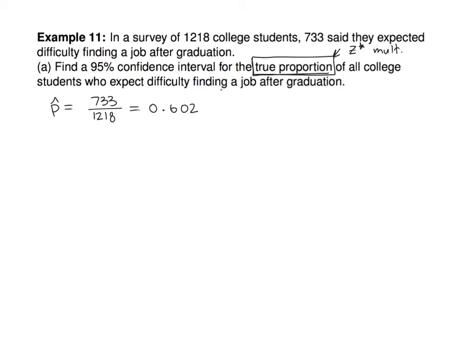Okay, and then let's just backtrack for a second and think our 95% CI is roughly going to be p hat plus or minus some multiplier times standard error of p hat. And here our multiplier will be either 2 or, to be more exact, 1.96. But the thing we need next is the standard error of p hat.